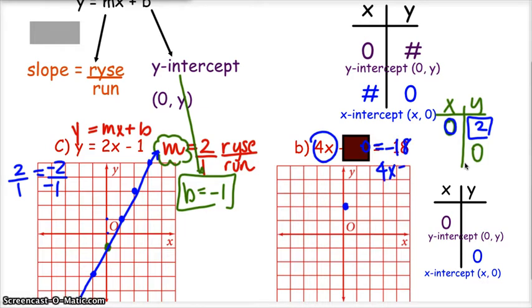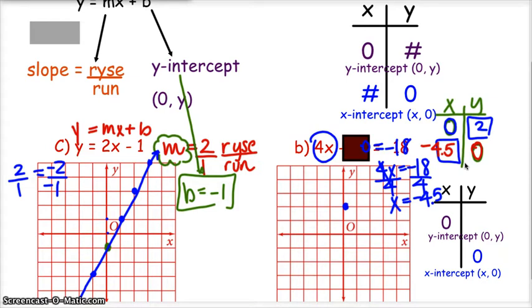If 4x = -18, and x is what I'm trying to find, if I divide both sides by 4, x is going to equal -4.5. So when a 0 went in for the y value, x was negative 4.5, which can also be graphed.